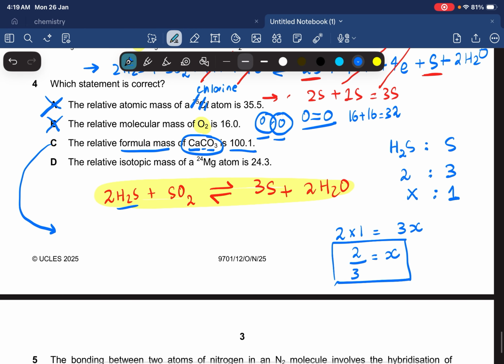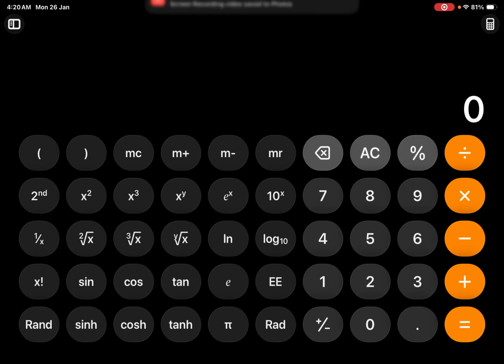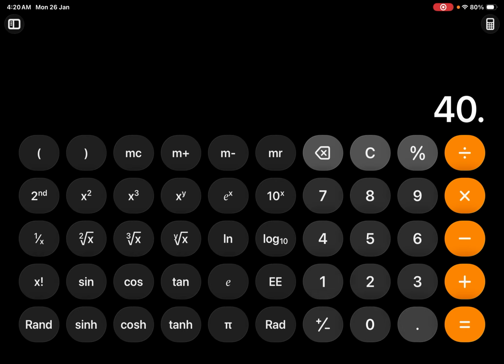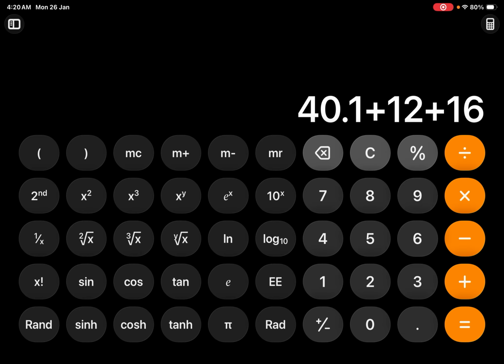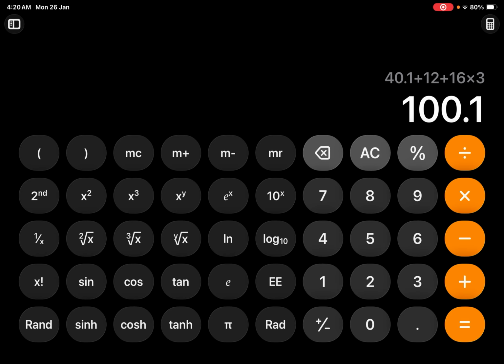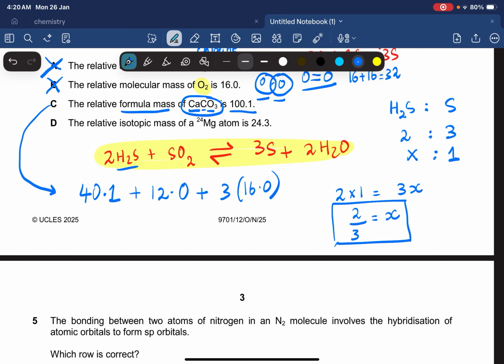Okay, first 40.1 for calcium plus 12.0 for carbon plus 3 times 16.0 for oxygen. So we're going to calculate it out. 40.1 plus 12 plus 16 times 3 comes out to be 100.1. So that equals 100.1, which makes option C the correct option.